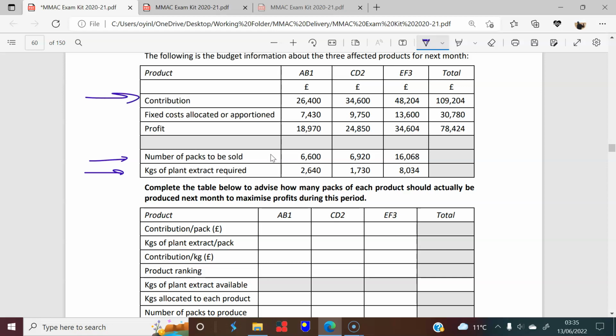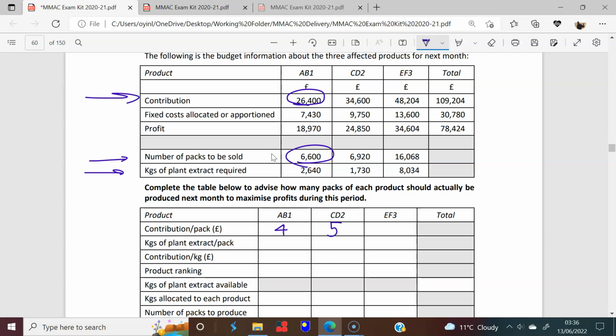So we can find the contribution per pack, which is literally this 26,400 divided by 6,600. So let's do that. 26,400 divided by 6,600 is 4. Then we have 34,600 divided by 6,920, which is 5.